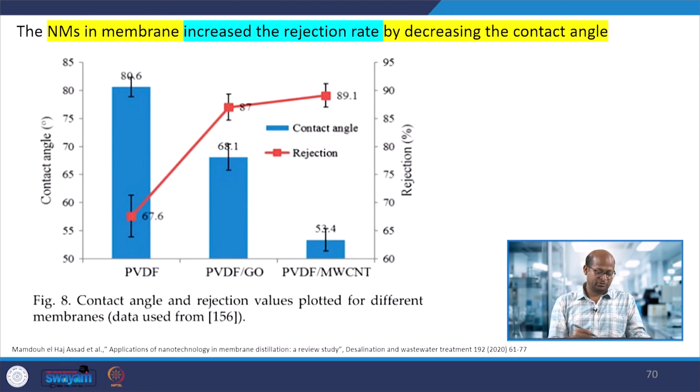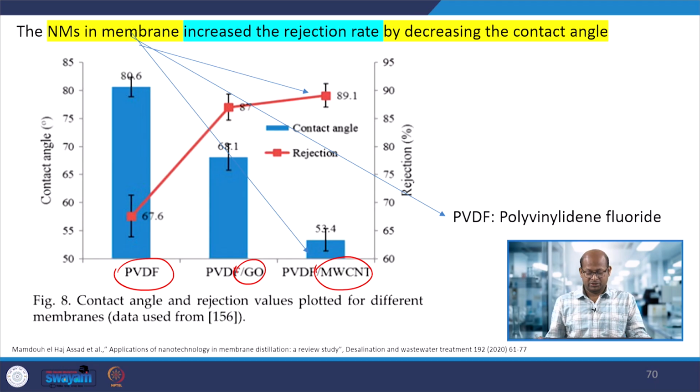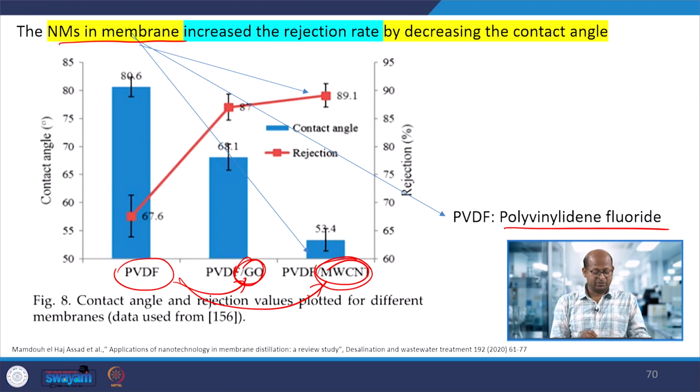Here you can also see graphene oxide and multi-wall carbon nanotubes are very effective. Here PVDF, polyvinylidene fluoride, was used as the membrane with graphene oxide or multi-wall CNT. The rejection capacity gradually increases if we use either graphene oxide or multi-wall CNT.